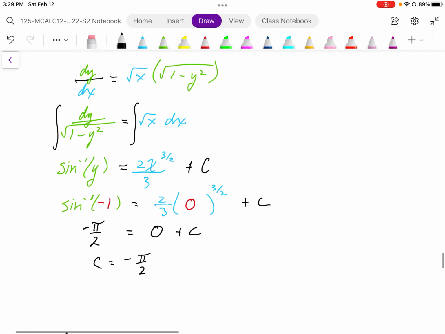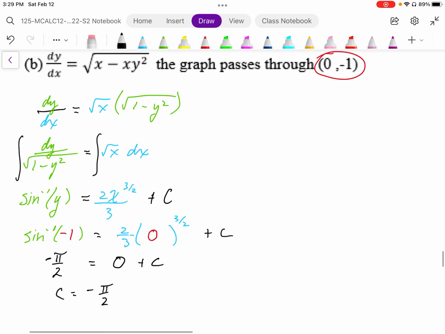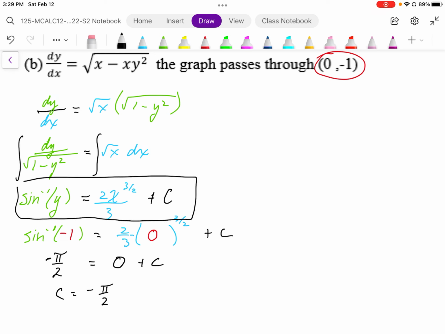So once I've solved for c, I can put this back into my original equation. So here's my general solution, and I'm going to plug that back in. The arc sine of y is equal to 2 over 3 x to the power 3 over 2, and in this case the plus c is minus pi over 2.